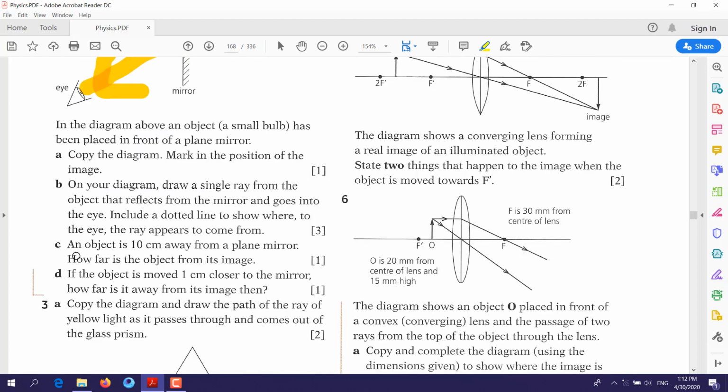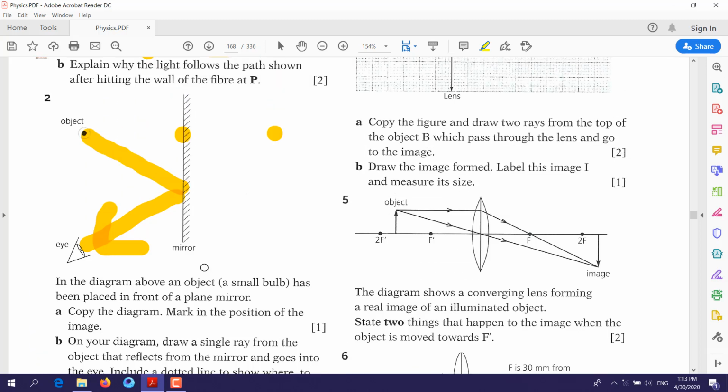C. An object is 10 centimeters away from a plane mirror. How far is the object from its image? Again, in this example, if you measure the distance from object to mirror, we said it was 5.